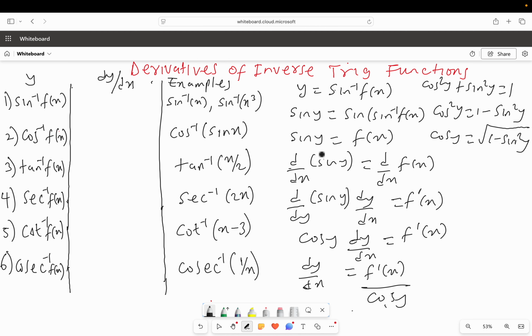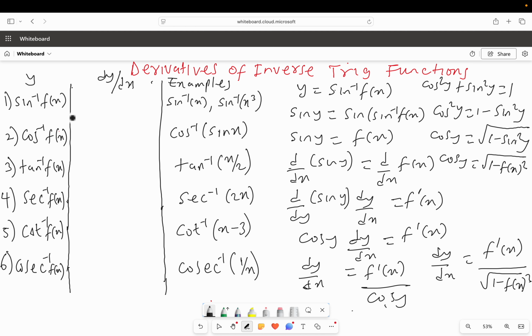But from here, you can see sin y is equal to f of x. So I can make that substitution here. So I will just have cos y is just the square root of 1 minus f of x squared. So I can substitute this into this formula. So it means my dy/dx is just f prime of x all over square root of 1 minus f of x squared.